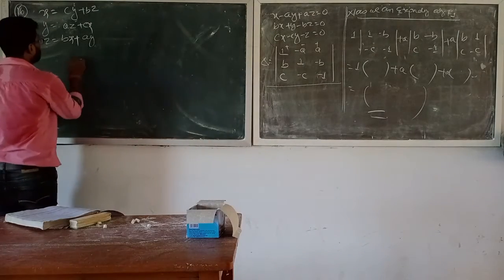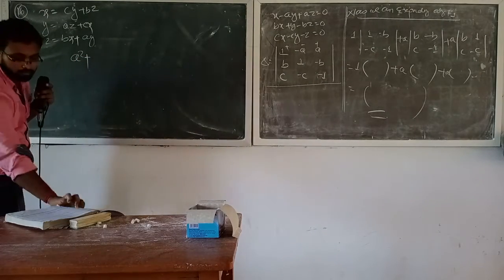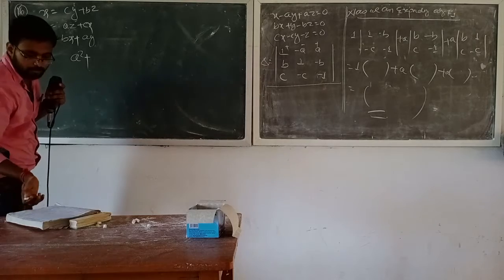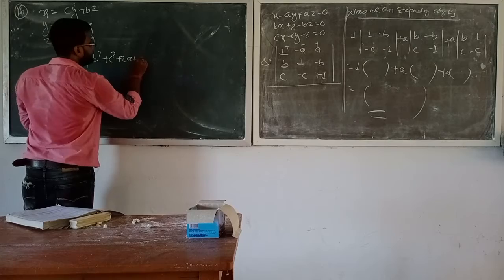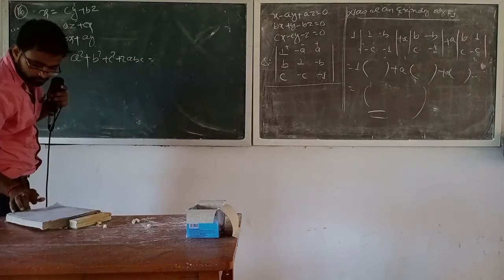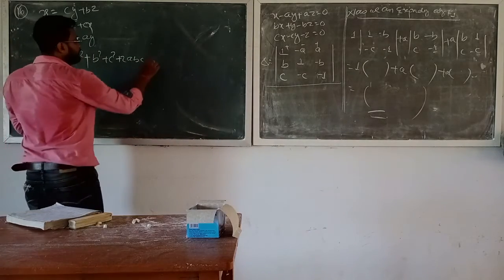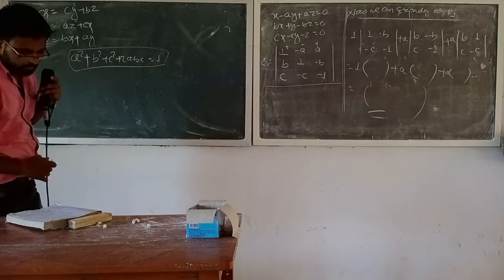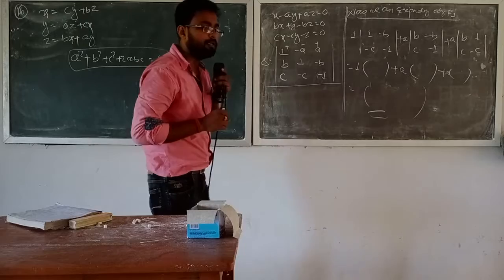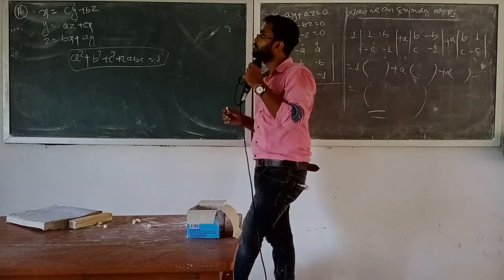What will you prove? a square plus b square plus c square plus 2abc is equal to 1. We will use the determinant method and prove it.